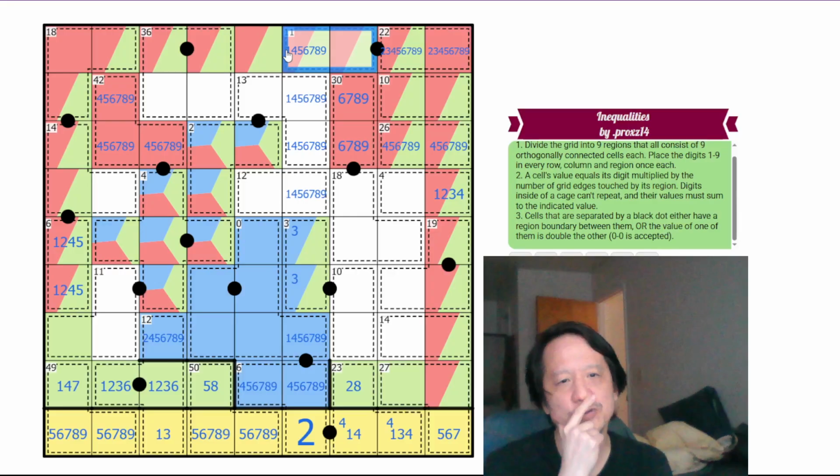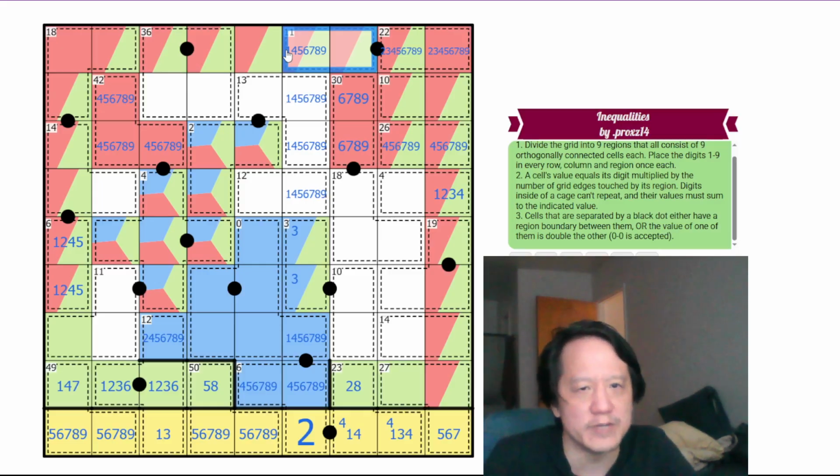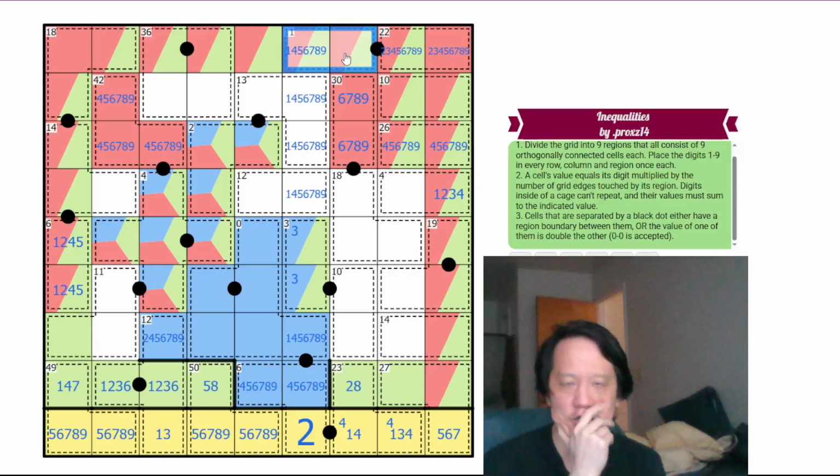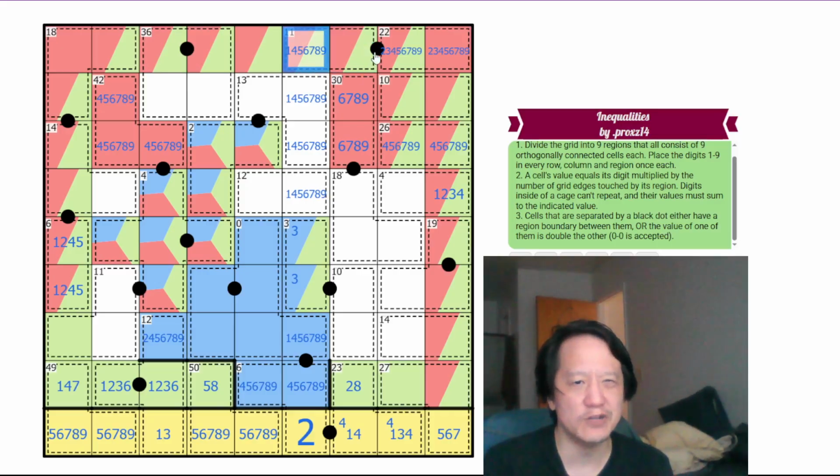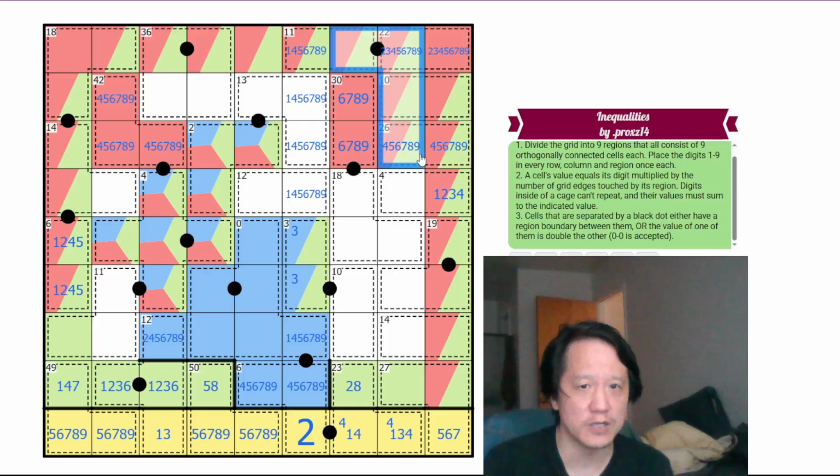They cannot both be doubles. One of them is guaranteed to be a singleton here. Because it's 11 for 2 digits. So you could have a double. Can you have green, red? You could potentially if this is green.